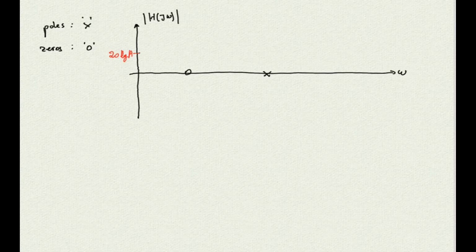For now, please just accept it so I can finish describing how to draw a straight line approximation of the Bode diagram. Starting from the point on the vertical axis that we just identified, we start drawing a straight line until we reach the first point on the horizontal axis where there is a 0 or a pole.